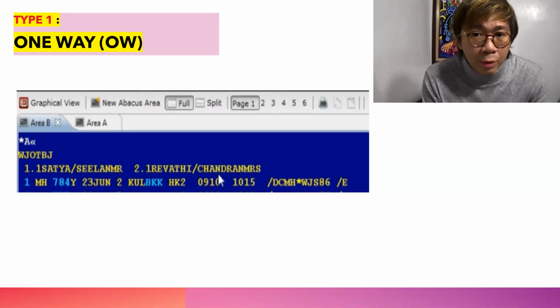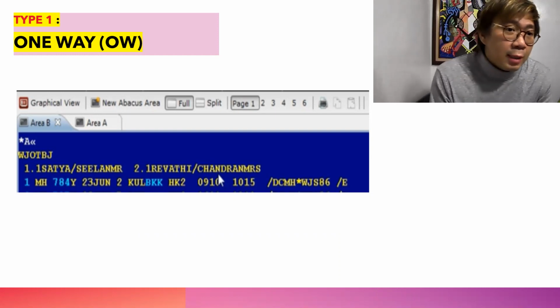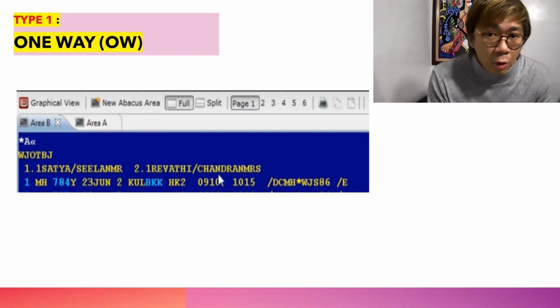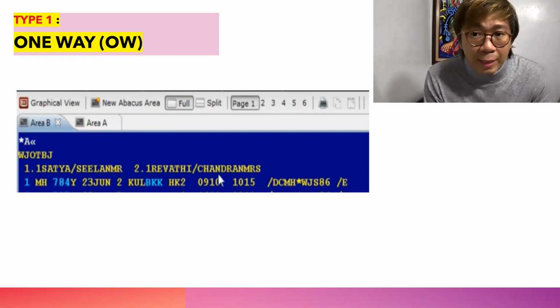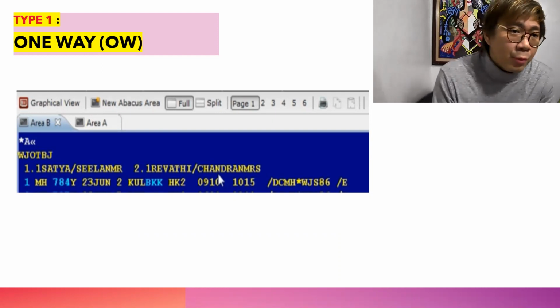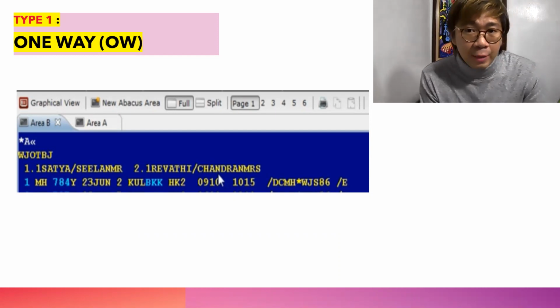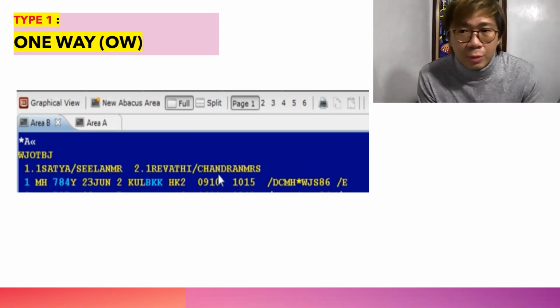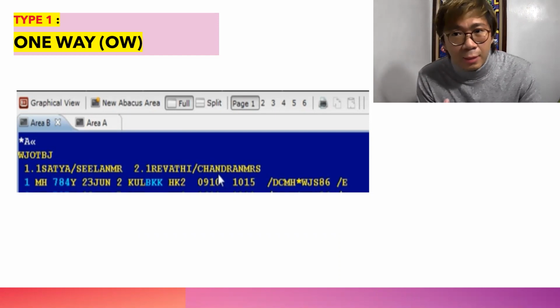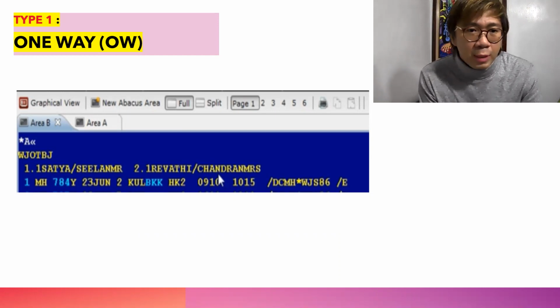One color blue followed by MH, which stands for Malaysian Airlines, and then 784, which stands for the flight number. Yankee stands for the fare designator, so that's economy class because the code Yankee stands for economy, and then the date of departure, and then the 2 stands for the day of the week, so that's 2, that's Tuesday, no.